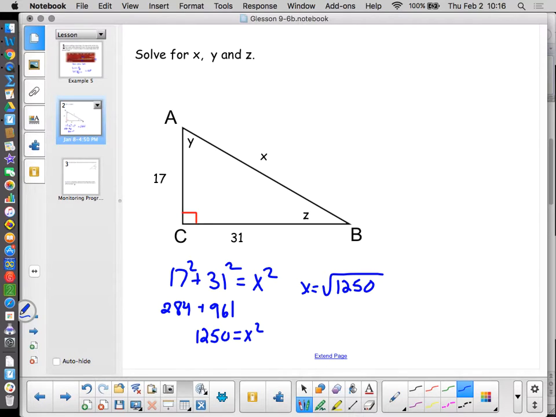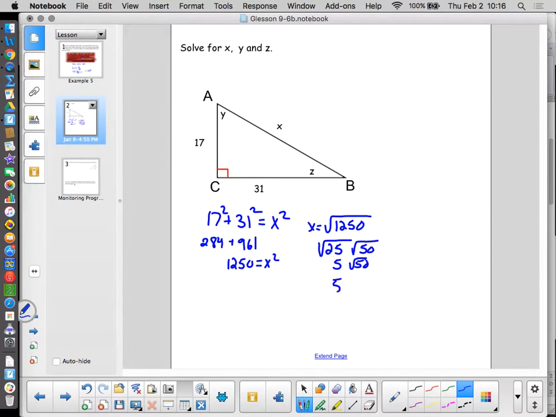In fact, 25 is going to go in there again, so it's 625 times 2. So 25 times 50, that's 5 root 50. But root 50 simplifies again, 5 root 25 root 2. So that's 5 times 5 root 2, or 25 root 2. That's the exact length of that side.